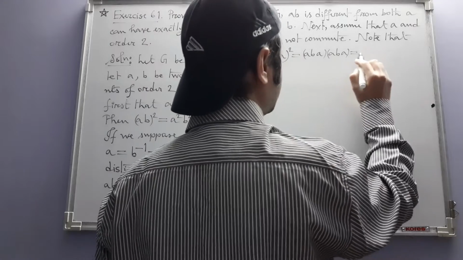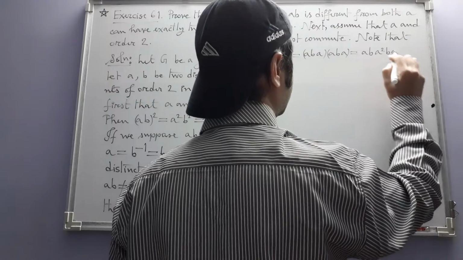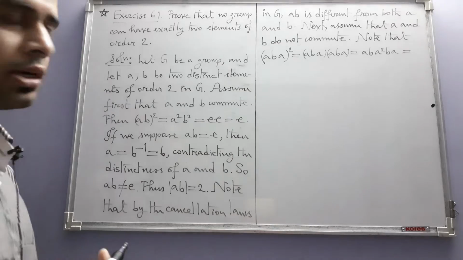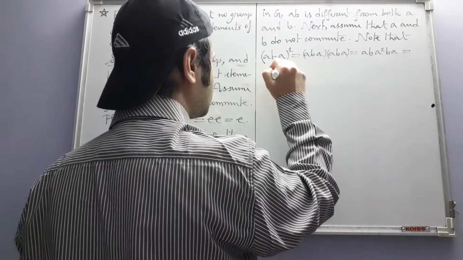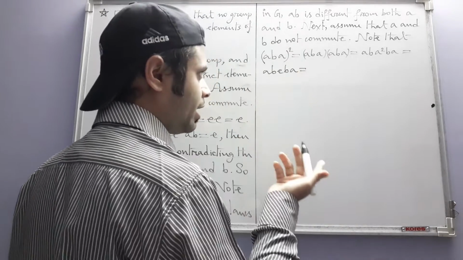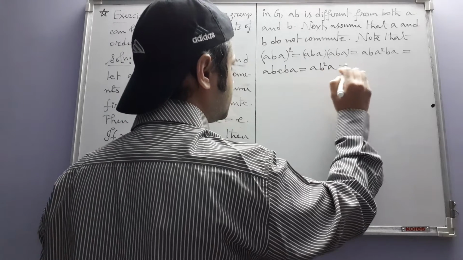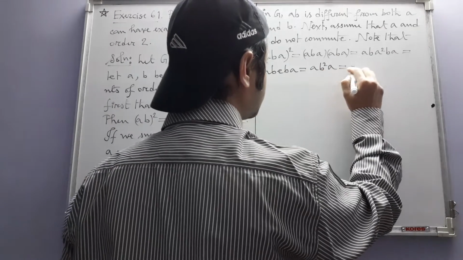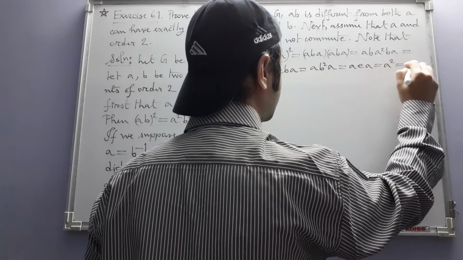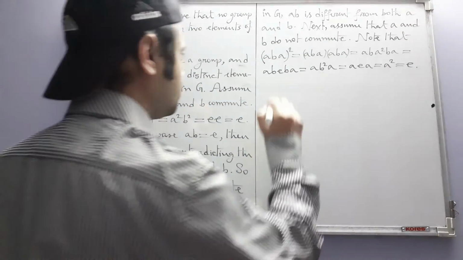So this first of all gives us AB A square BA. Now since A has order 2, A square is identity, so E vanishes and we have A B square A. B also has order 2, so B square is also identity and we have A square, which finally gives us identity. Okay.